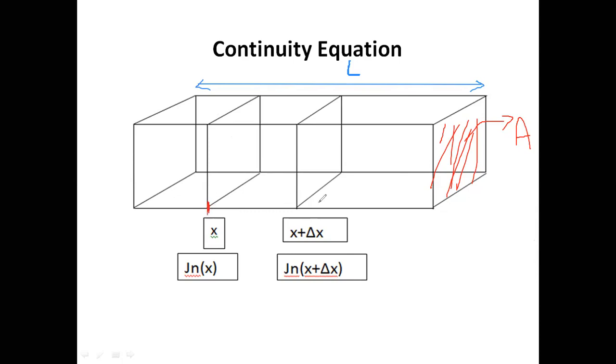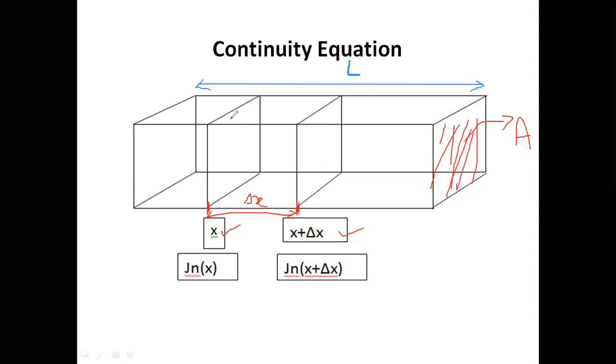This point I call X, and this point I call X plus delta X, such that the length from X to X plus delta X, from here to here, is delta X. What I want to find is the number of electrons increasing with respect to time in this small box.